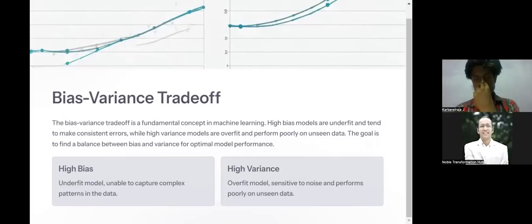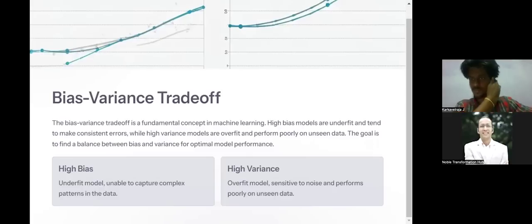While the high variance models are overfit and perform poorly on unseen data. So on one end, if the model is underfit, it is going to make errors on the realistic application your model is built for.